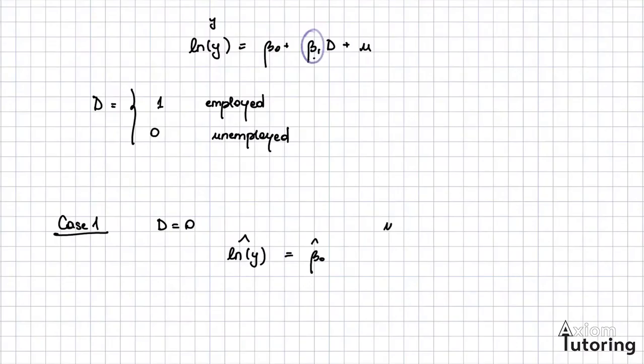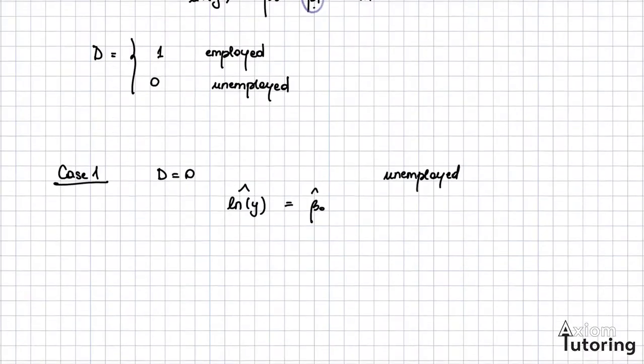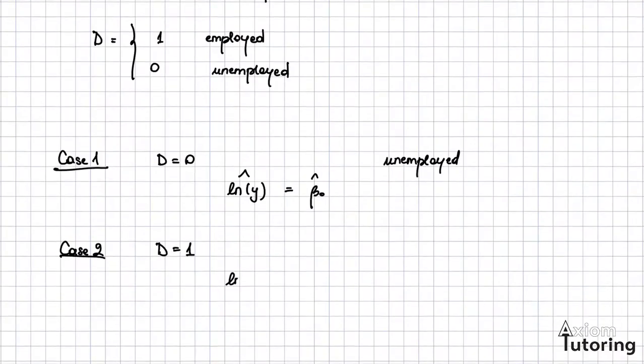So this is, keep in mind, the unemployed case. Then case 2 is when d is equal to 1. So in this one, ln of y is going to be beta 0 hat plus beta 1 hat. Remember, as usual, the d here would have been a 1, and multiplying b by 1 is just b, so we'll keep it simple like this.